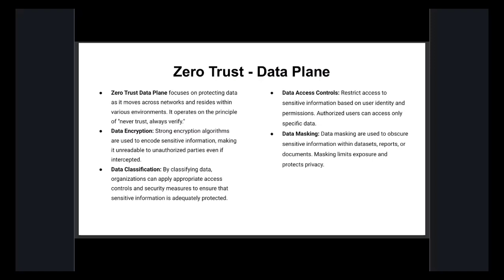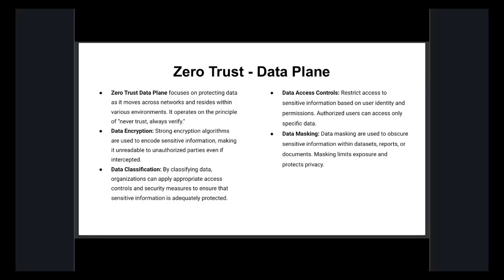Let's contrast that with the zero trust data plane. The data plane is focused on protecting our data as it is moving across the network. With the data plane, a common component is encryption. This is where we will use encryption algorithms to change our data from plain text to an encoded version called ciphertext.